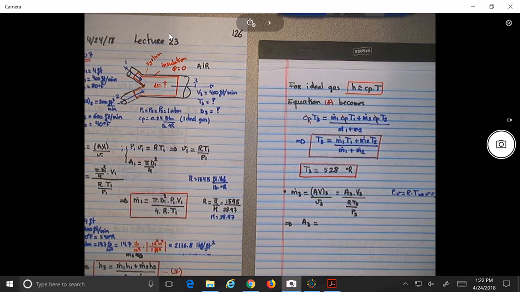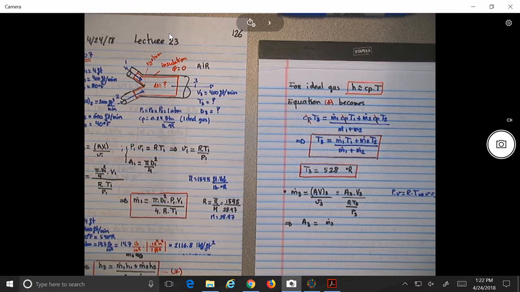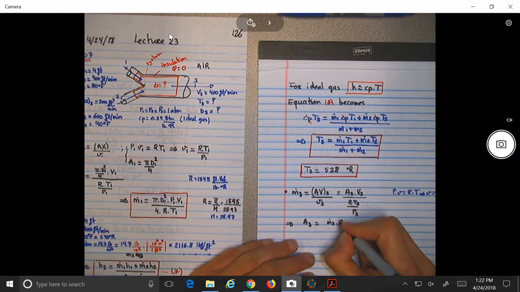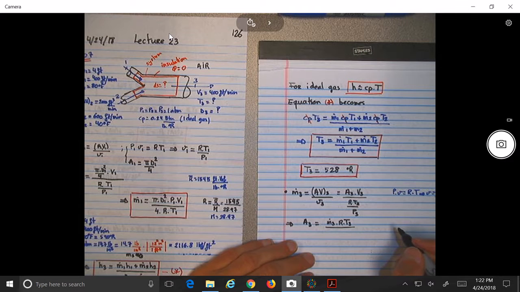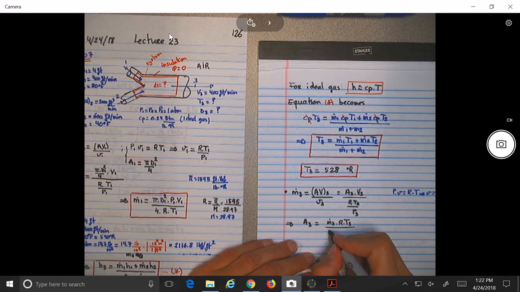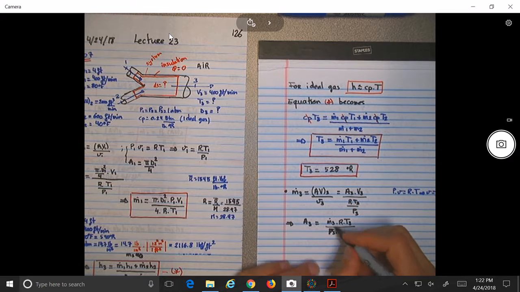Okay, yeah, I put A3 already. So A3 would be equal to what? M3 RT3 divided by P3 V3, you're right.